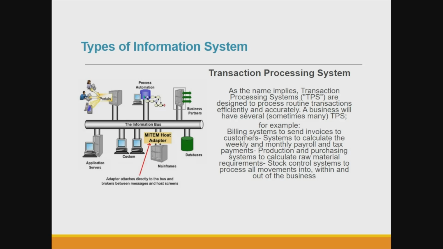There is a system that involves transactions. So that is referred to as the transaction processing system, a part of the information system. Fee payment, production, payroll, and purchasing systems can also be categorized as transaction processing systems.